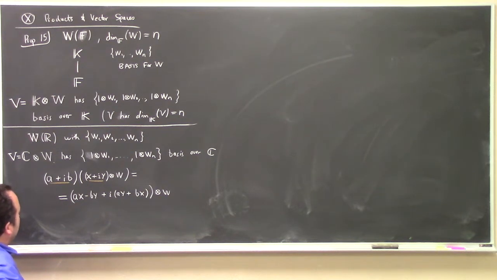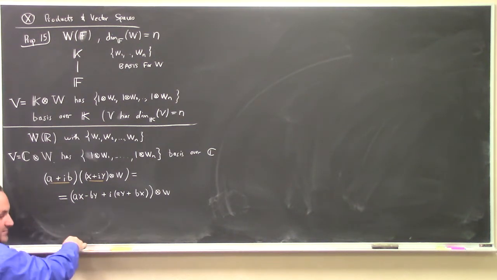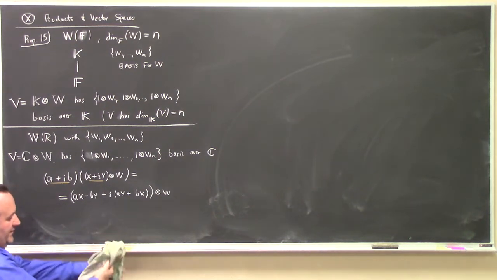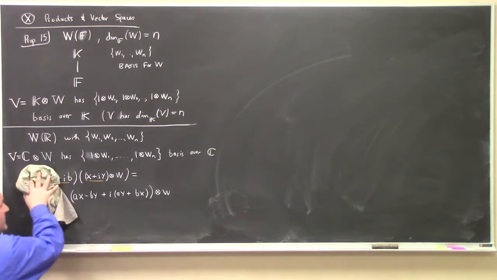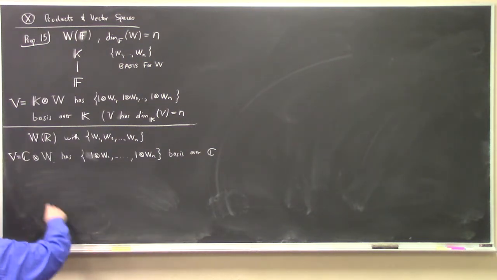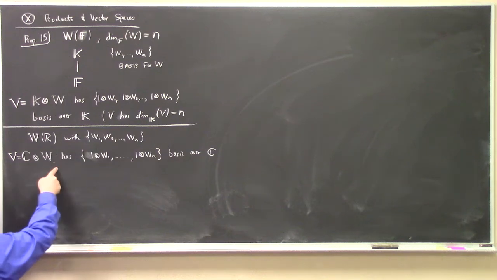I need to think about what an arbitrary thing in V looks like. I think this calculation is fine. It's just not helpful for the question I'm trying to answer. So let's think about it. What does an arbitrary thing in here look like?